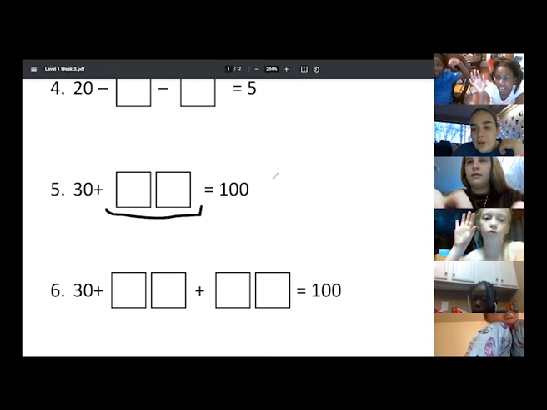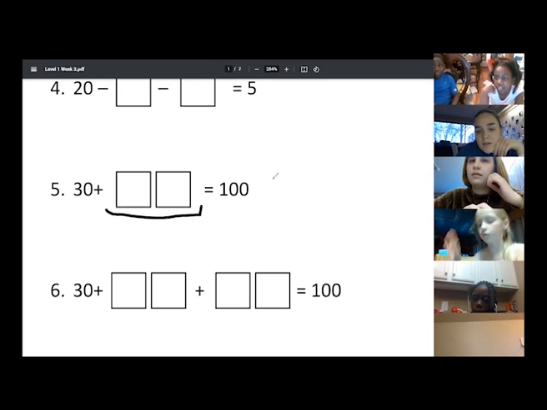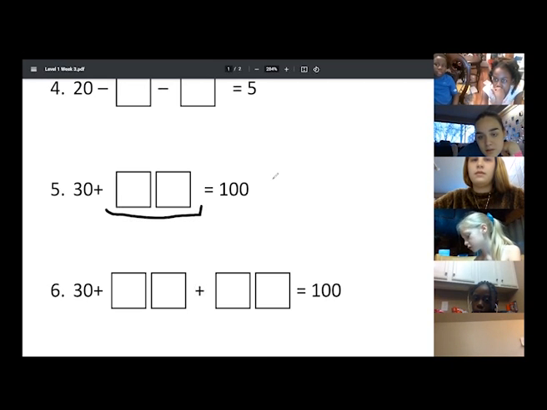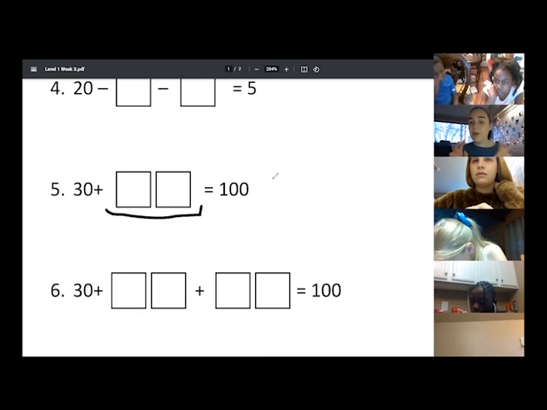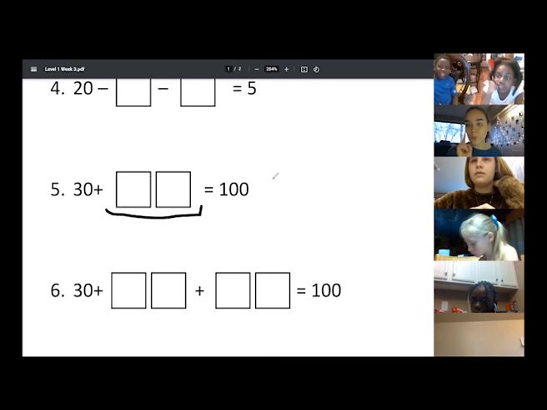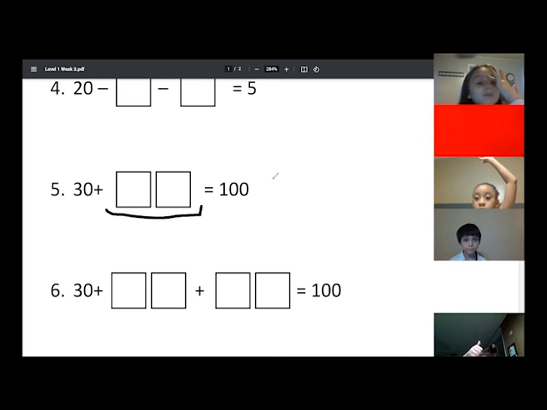Mary, would you like to try? So I have 20 and 50. Okay, so like I said, you gave me 2 numbers, but we're looking for one number here. What 30 plus what number equals 100?